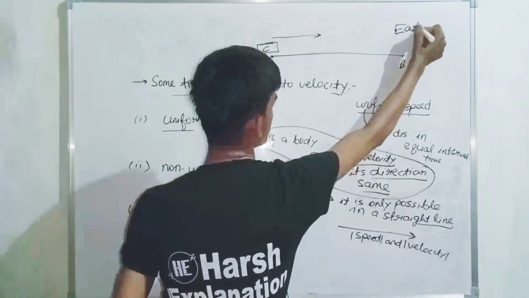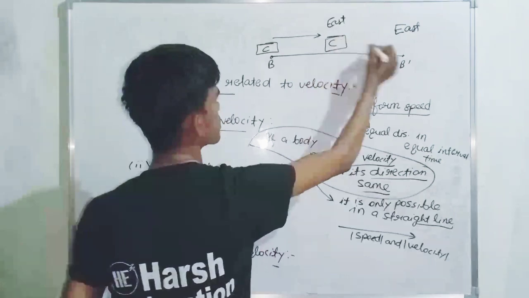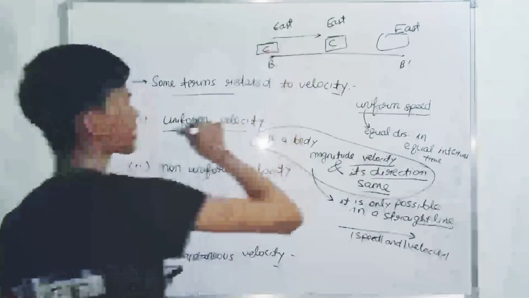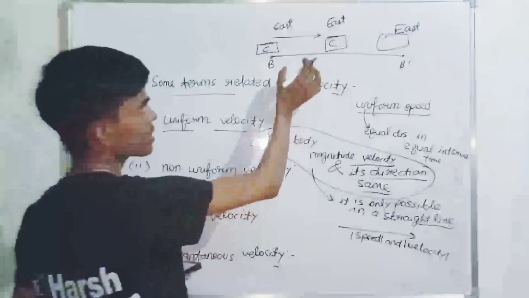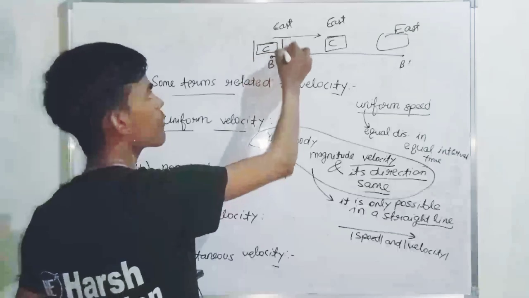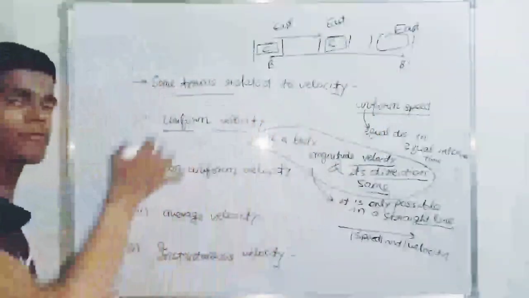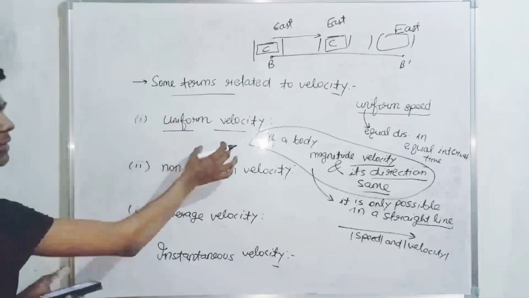Its direction is always east. So we will say that this body is traveling with uniform velocity, and the magnitude of this velocity at every instant, or after every equal interval of time, will be the same. That is known as uniform velocity.